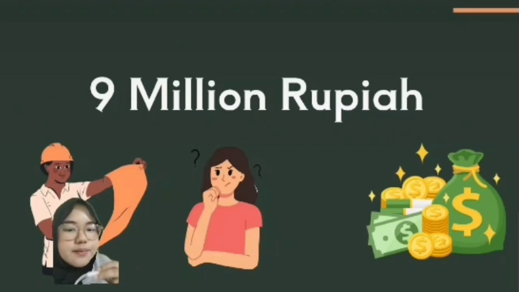So we need to convert from centimeters to meters for the distance. 36,000 centimeters converted to meters equals 360. And for the time, we need to convert from minutes to seconds.